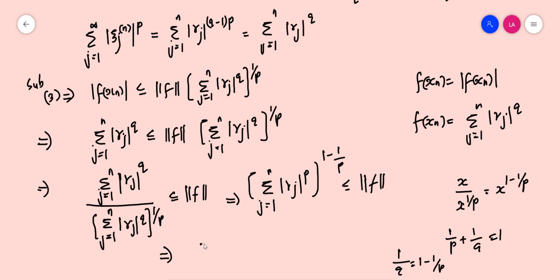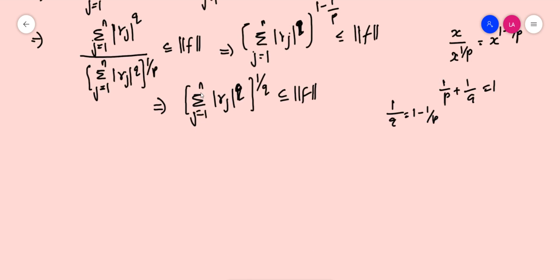So this can be written as summation j is equal to 1 to n modulus of gamma j the whole raised to q. Here it is not p, it is q. The whole raised to 1 by q is less than or equal to norm f.